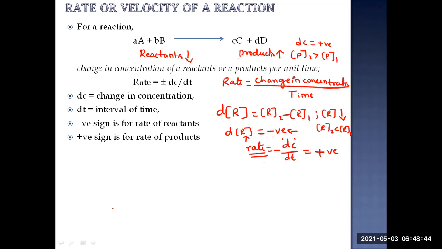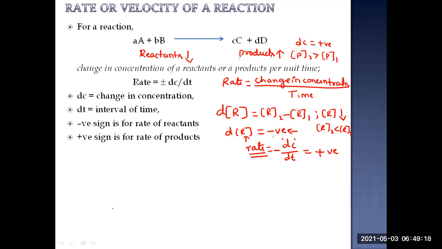So if you have to answer the question why the mathematical rate expression is always given a negative sign for reactants, or they may ask why the mathematical rate expression has a plus or minus symbol there, you should not simply say it's because it's a concentration difference. That may be a reason, but not the exact answer. Correct. So you will say, since the concentration of reactants decreases, the change in concentration for reactants becomes negative.